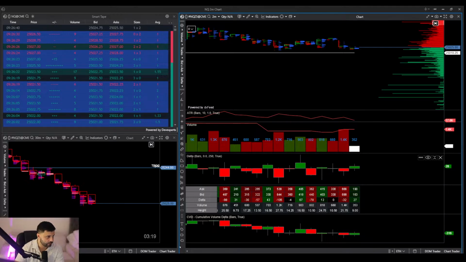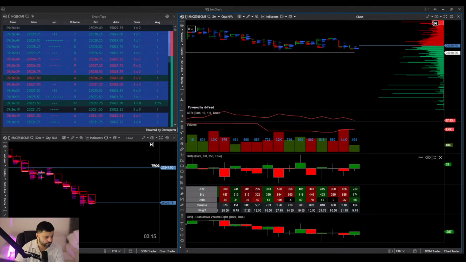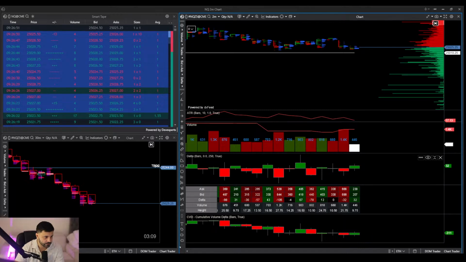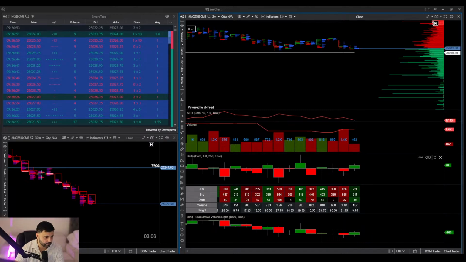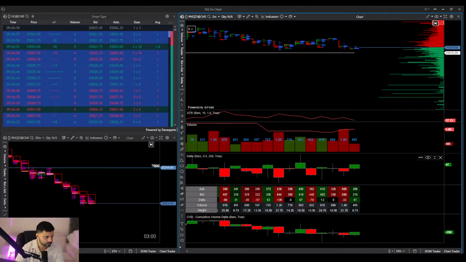But once you start trading, the levels shouldn't move. The previous day levels, they're static, so they won't move. Today's levels, they're going to move based off where the volume is on the volume profile.